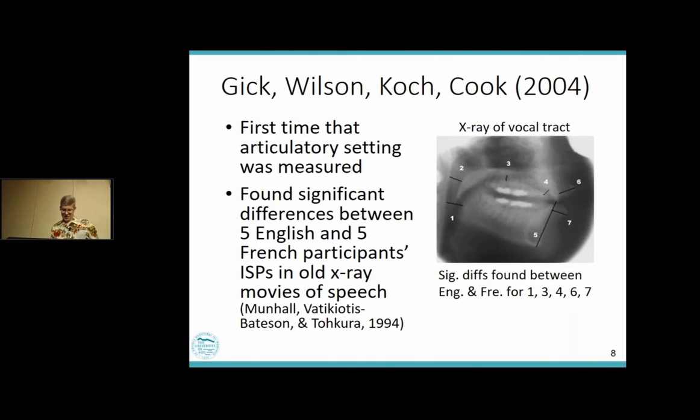We found significant differences between English and French for the distance between the tongue root and the back of the pharynx, the distance between the tongue body up here and the palate, and the distance between the tongue tip and the hard palate here, and both upper lip and lower lip protrusion. So those were the differences that were found between English and French.